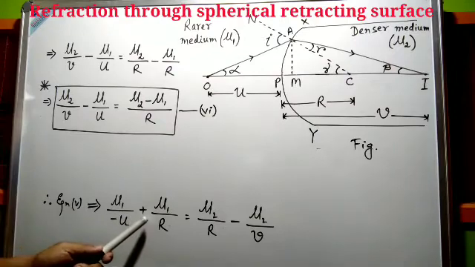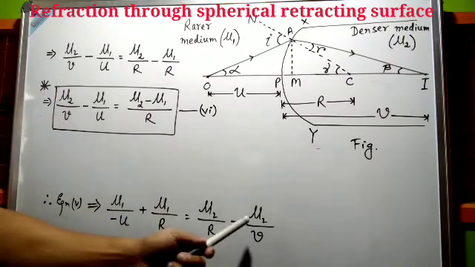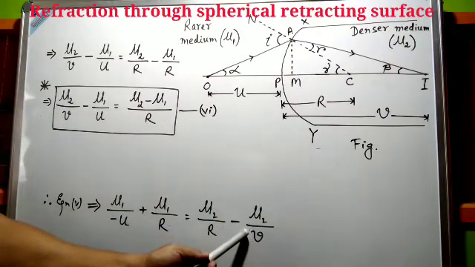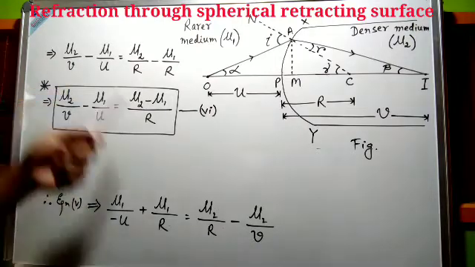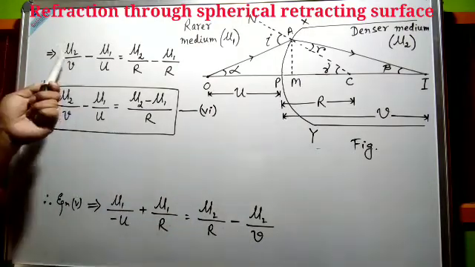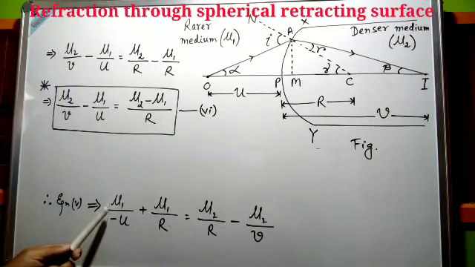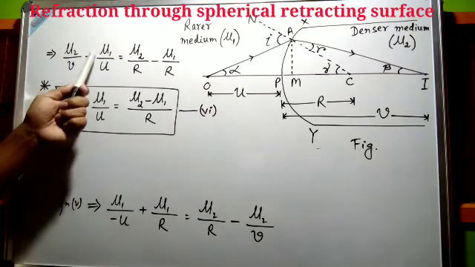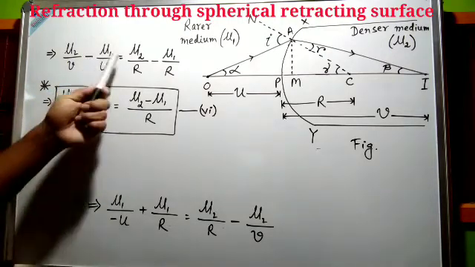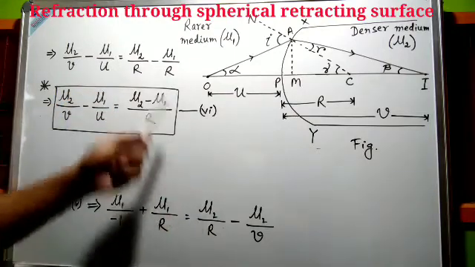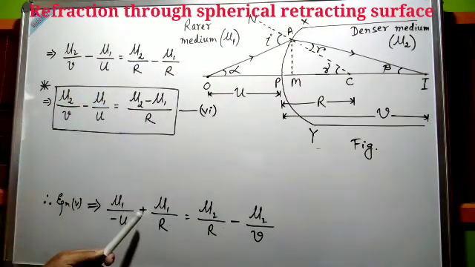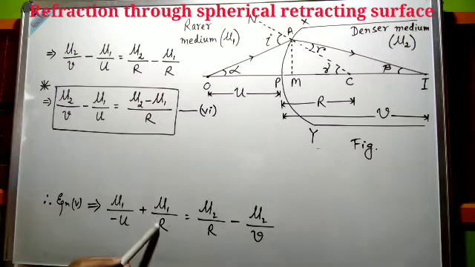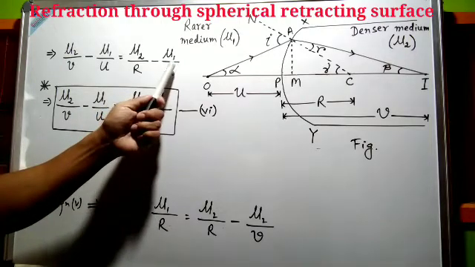Now take the right side term mu2 by v to the left side, so it becomes plus mu2 by v. And minus mu1 by u stays. Then mu1 by R from the left goes to the right side and becomes minus.